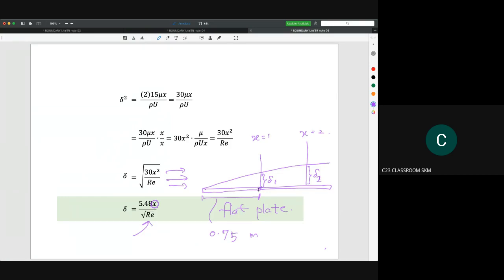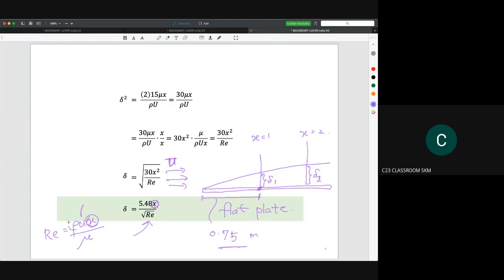We know that the Reynolds number is rho u x over mu. So you substitute x with 0.75 meter, and u, the value of the uniform flow.